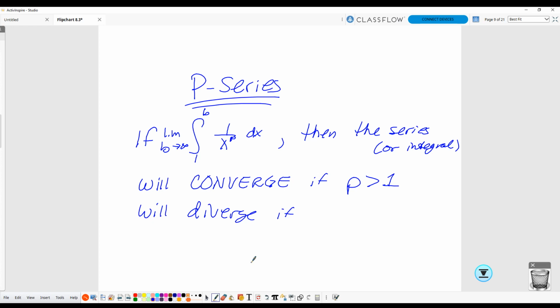Or diverge. And again, the p is in the bottom already, so it's kind of implied that it's in the denominator, so I'm using positive numbers. But if it's 1 over x to the 3rd or x to the 5/3, they're different things.